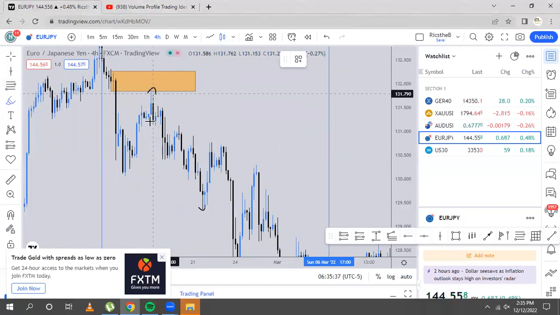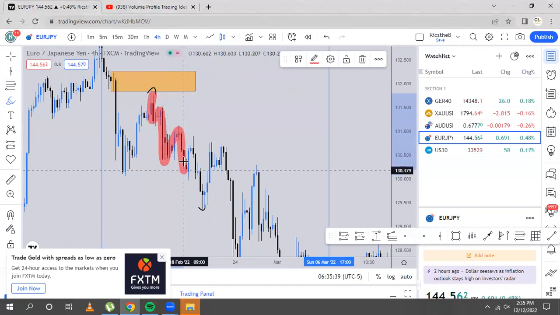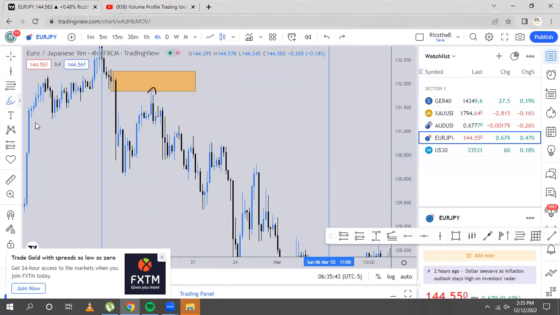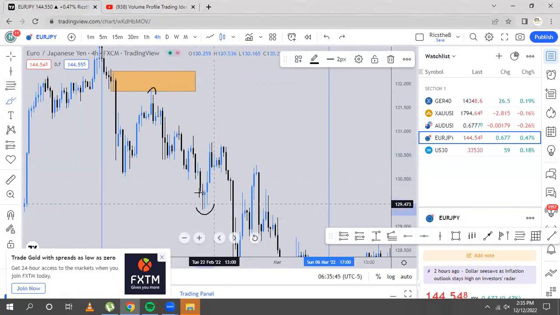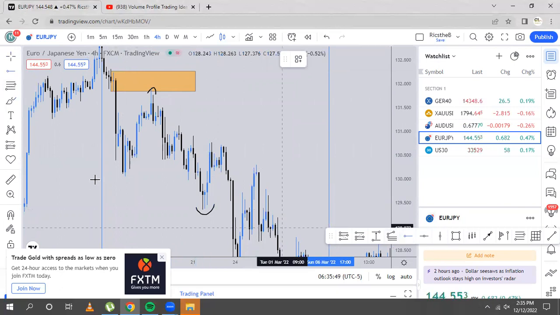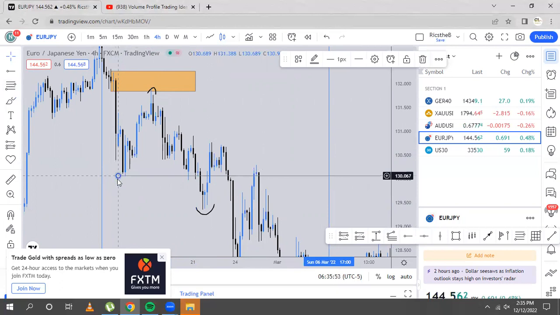This was the most recent swing point, our lowest low, so we needed to see price go past that level to get a new lower low.